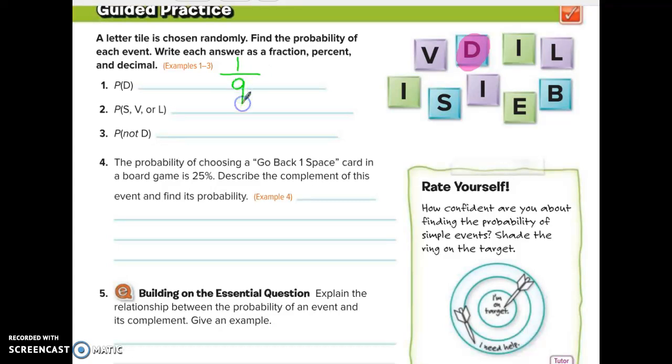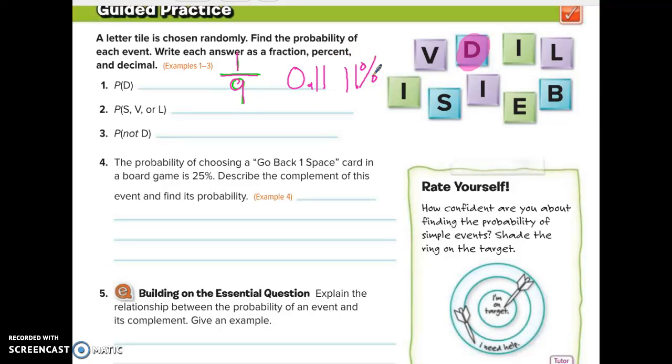So that goes on bottom. So the answer is 1/9 as a fraction. As a decimal, it should be 0.11 and then 11%. So that is our answer to number 1.